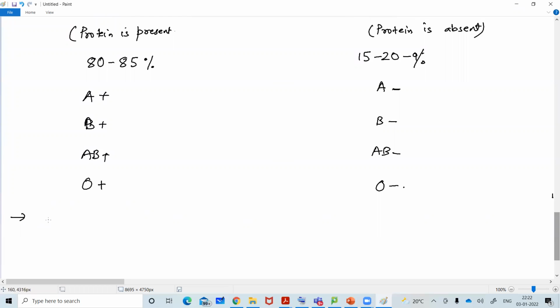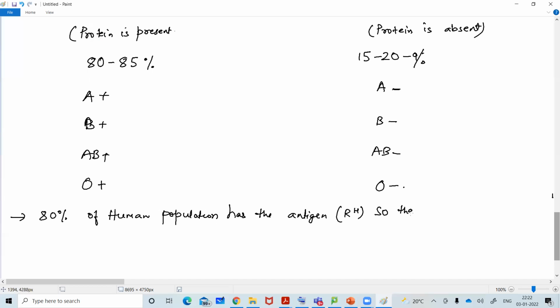So you can say that 80% of the human population has the antigen. In the bracket you can write Rh.